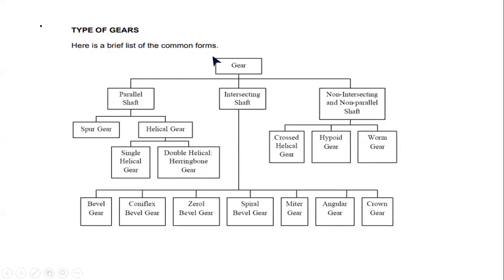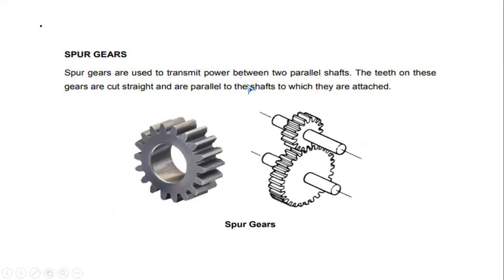First, write the block diagram. All of you observe here the block diagram. Then write one by one a minimum of 3 types of gears. Usually this question comes in the examination for 5 marks or 6 marks.